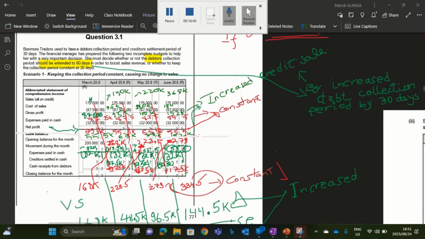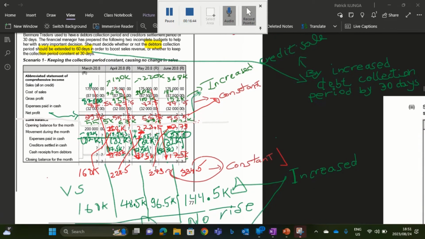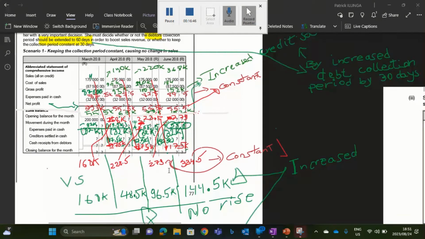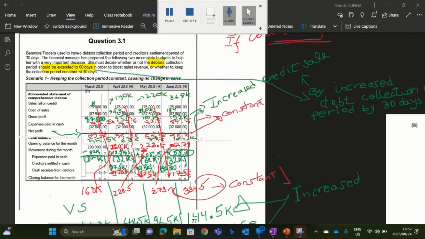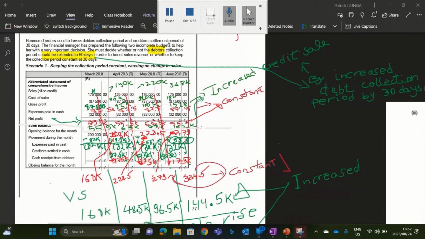For example, in this particular example, you can compare the two, whether we keep it constant or we extend in order to boost the sales revenue.